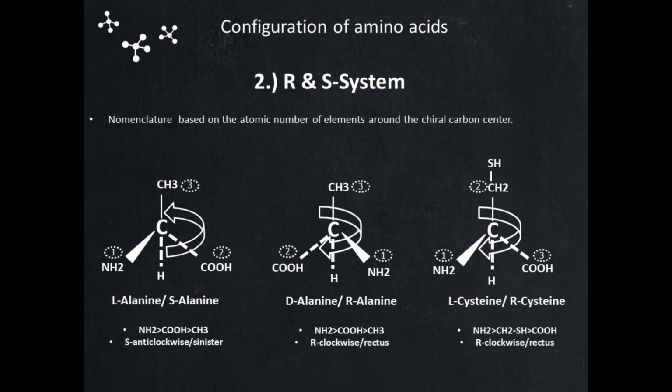Here we can see that we assign number 1 to the nitrogen of the amino group, but we do not assign number 2 to the carboxyl group because in the side chain of cysteine we have sulfur attached to the carbon of the side chain, due to which the atomic number of the side chain becomes greater as compared to the carboxyl group, and hence the arrow represented here will be in the clockwise direction, and that is why L-cysteine is also an R form instead of being an S form.